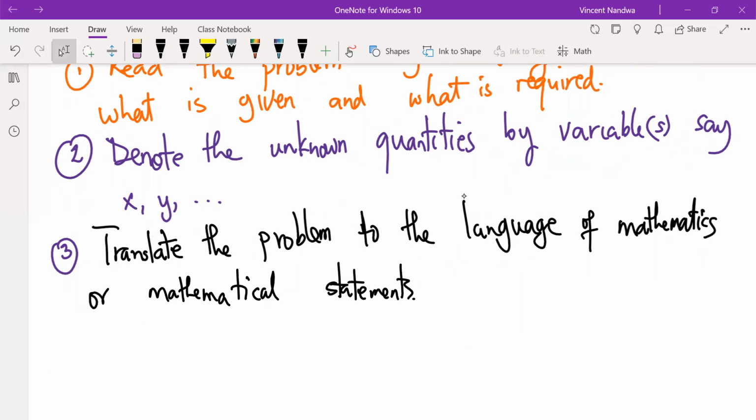So once you have read the question carefully and denoted the unknown quantities by variables, then translate the problem into mathematical statements.